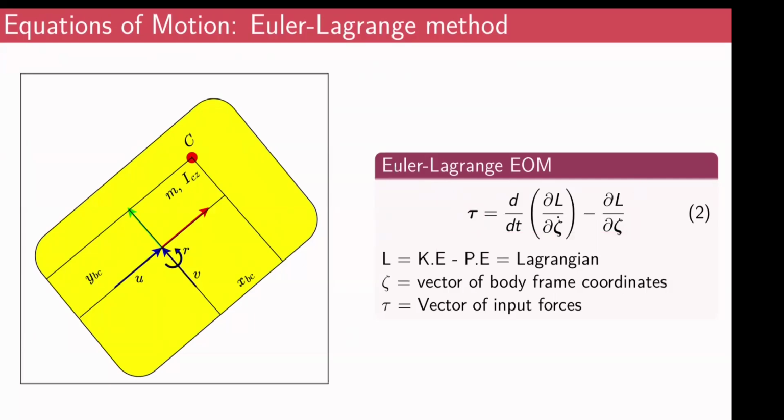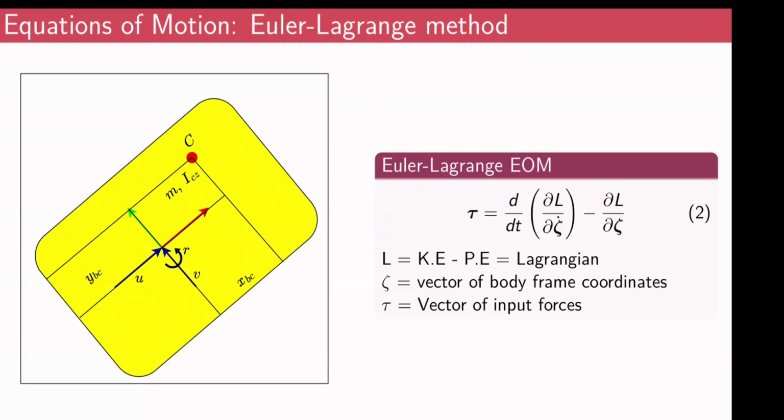You take the partial derivative of this scalar called the Lagrangian with respect to the vector of velocity coordinates, then you take the derivative of it with respect to time, and then you subtract from it this term, dou L by dou theta.